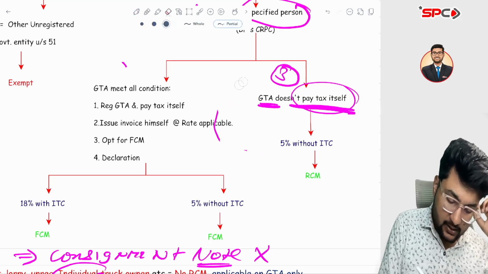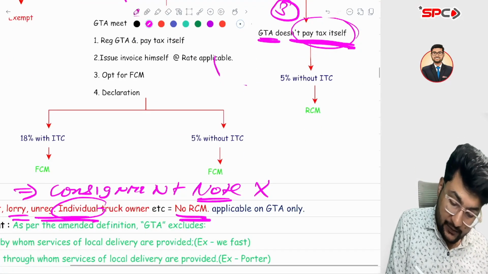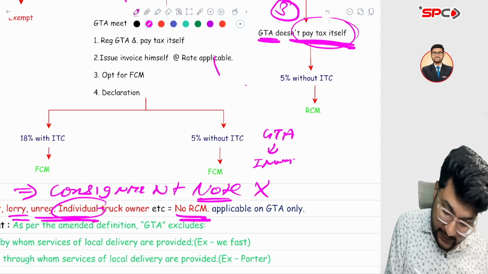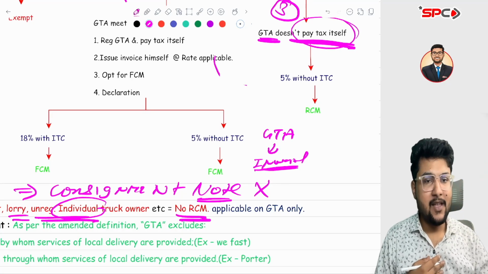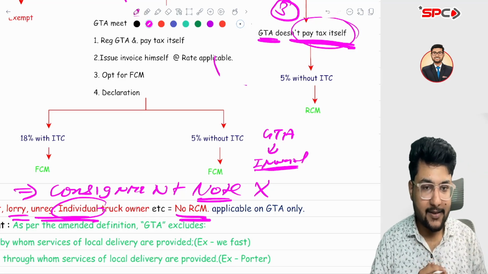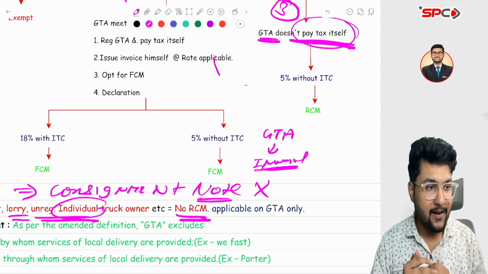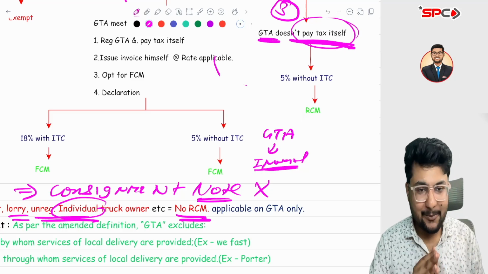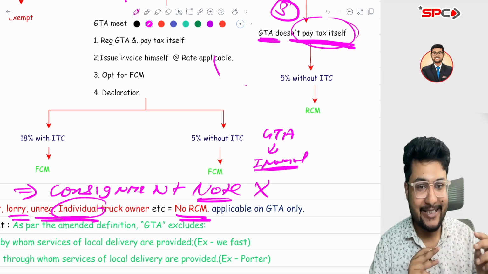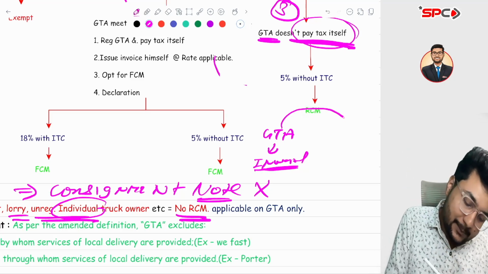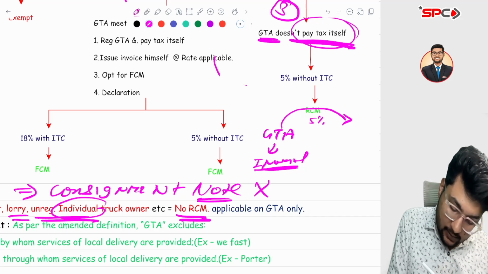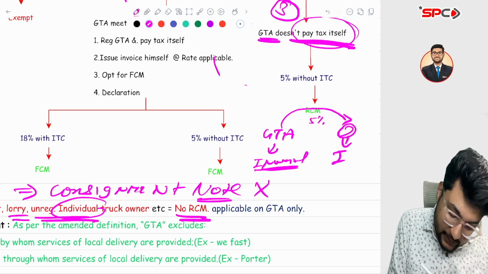If a GTA opts for this option, then on any inward supply the GTA takes, I purchase some trucks, I took some repair services, on that purchase or those services, you can't take an ITC. But if you are supplying to a specified person under 5%, that person can take the ITC on 5%.